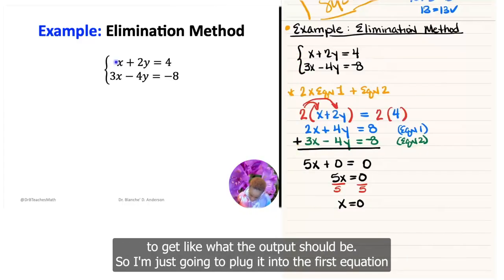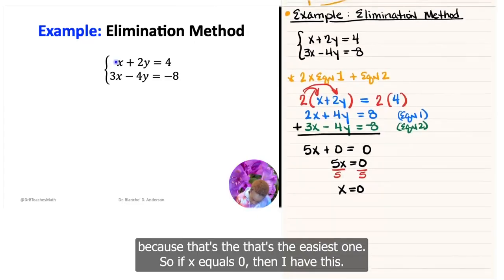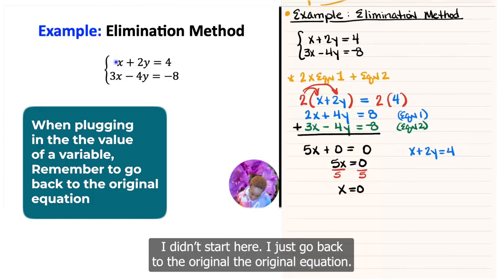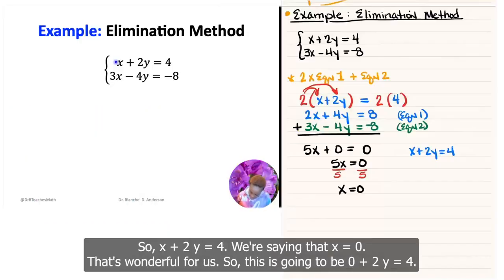So I'm just going to plug it into the first equation because that's the easiest one. So if x equals 0, then I have this. Now notice I'm going to go back to the original equation. I didn't start here. I just go back to the original equation. So x plus 2y equals 4. We're saying that x equals 0.